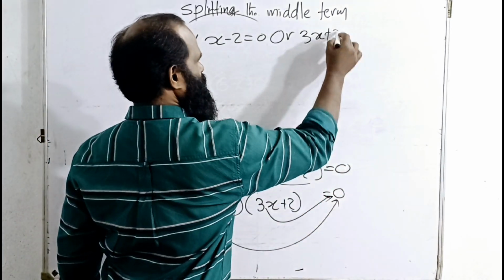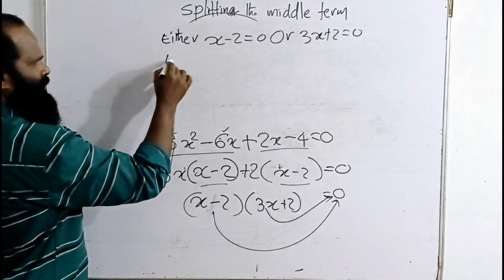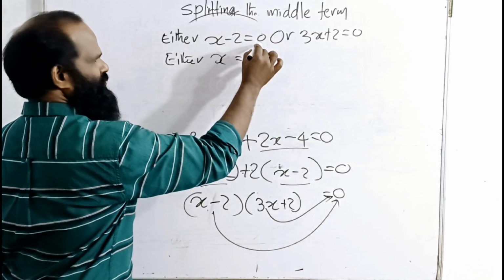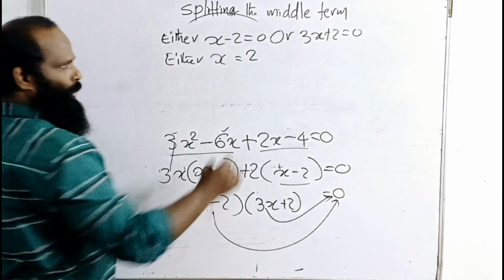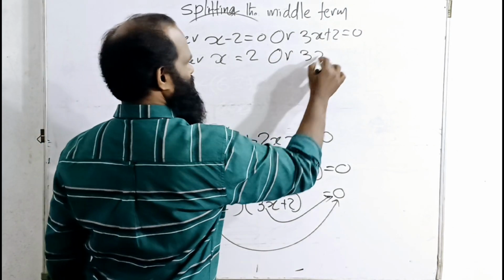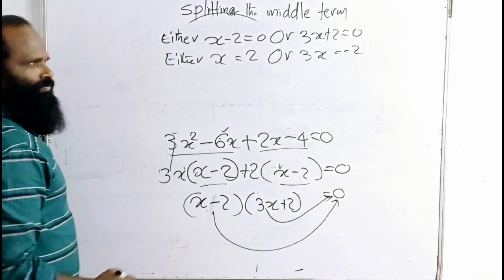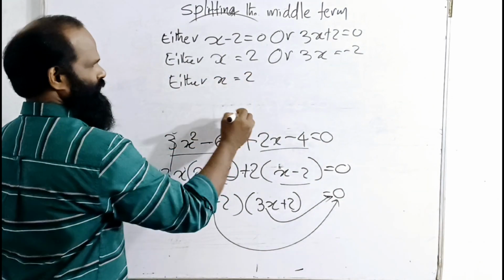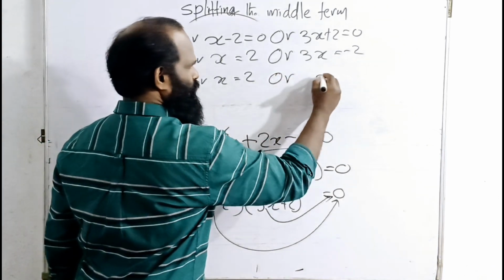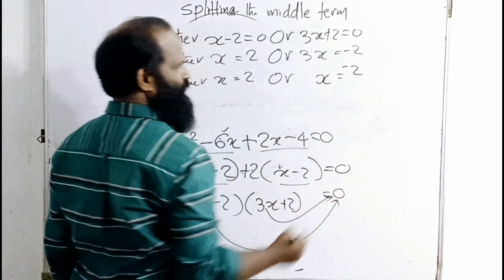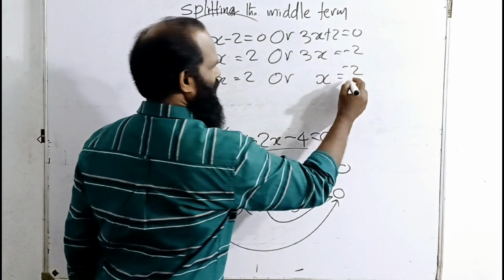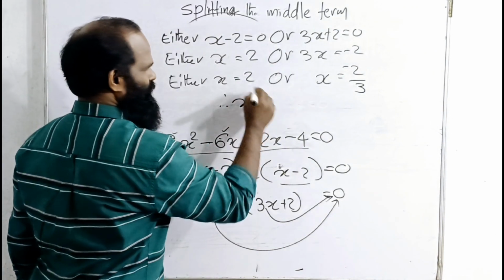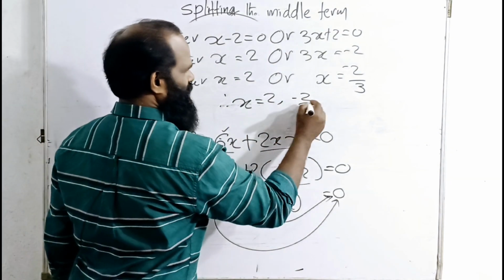Either x is equal to 2, negative 2 becomes positive on the right side, or 3x is equal to negative 2. Once again, either x is equal to 2 or x is equal to negative 2 by 3. So we have two answers, therefore x is equal to 2 comma negative 2 by 3.